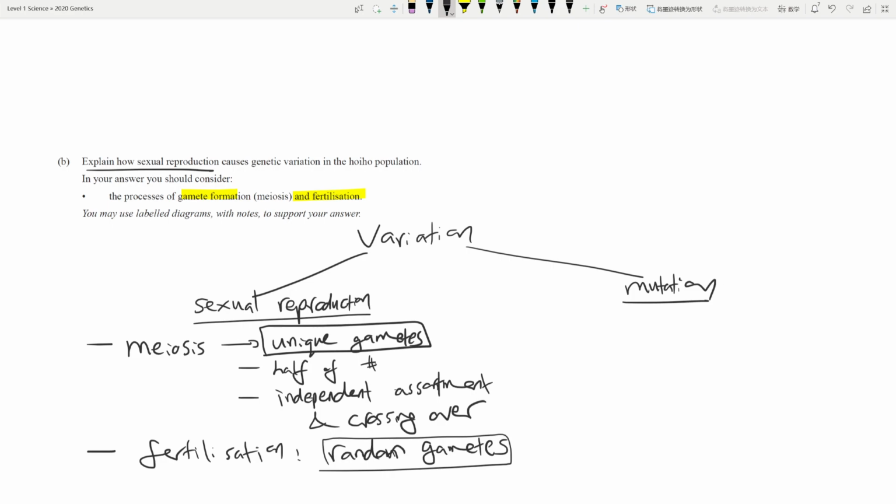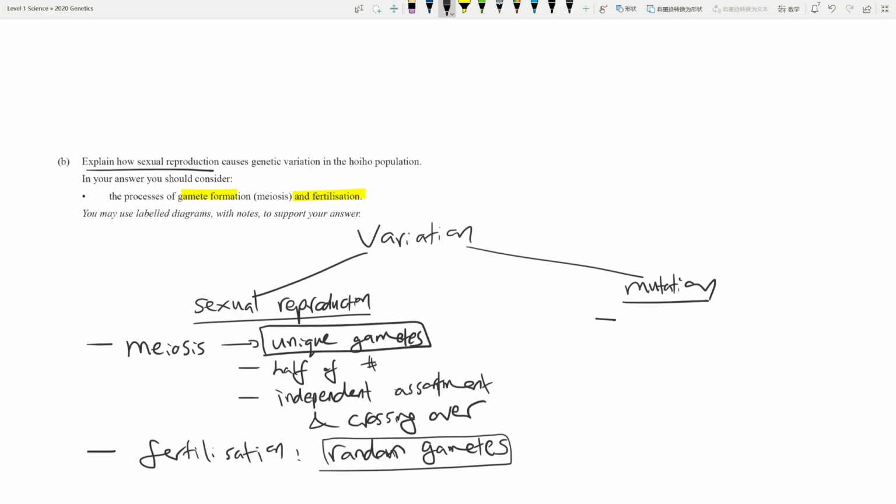So the purpose of sexual reproduction is that you produce variation in the population. There are different, possibly new combinations of alleles, because the alleles are a little bit different, and that's what it does. Now, mutation is a change.